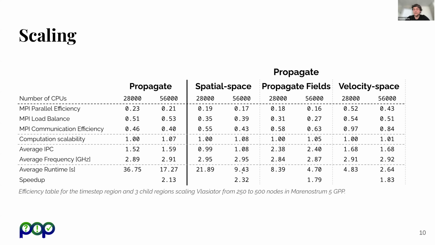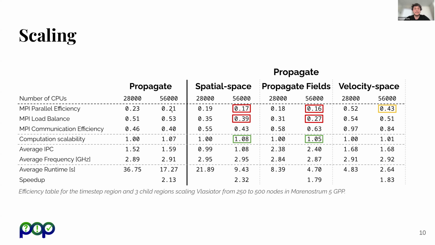Now, I want to highlight a few numbers that we're going to discuss. The rest, if you're interested, we can discuss in the Q&A later, but I will not go into detail now. First of all, we will only look at the 500 node column, which is the 56,000 CPUs that we have here. We can already see that parallel efficiency in propagate is not that good.